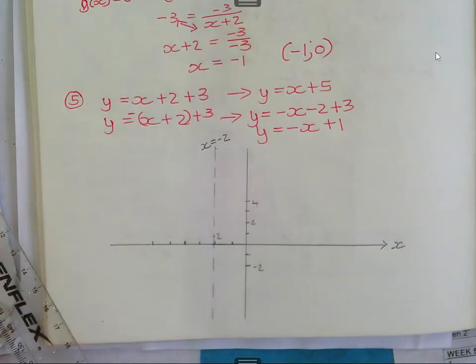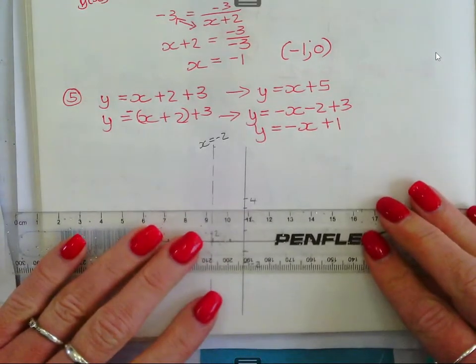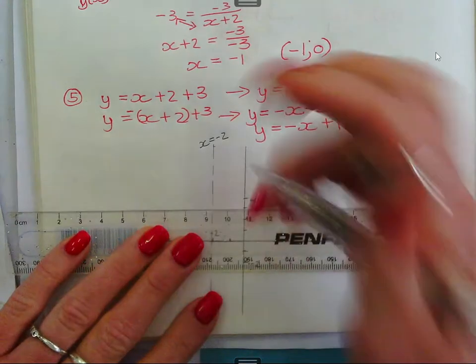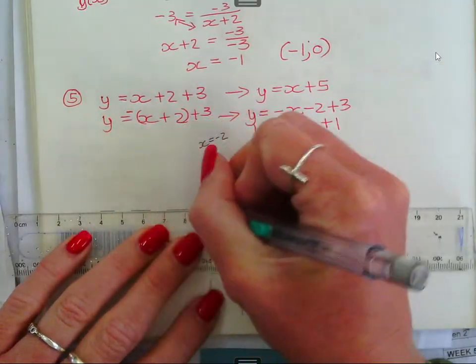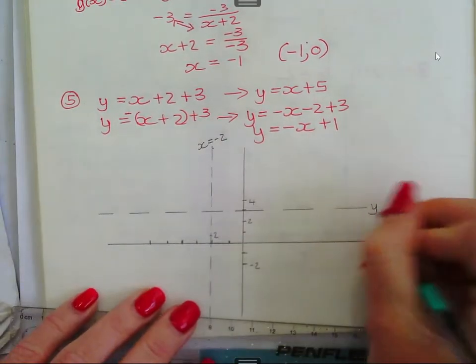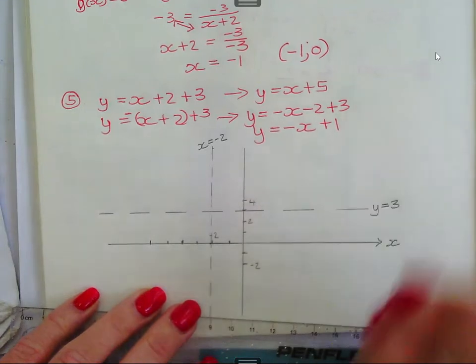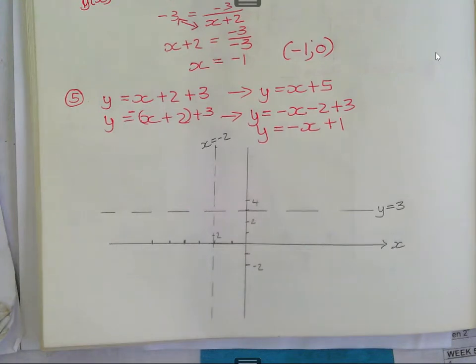You all understand? Nothing difficult? Then you take the y asymptote. It cuts the y-axis at 3. And then you name it y equal to 3. Those would be the first marks allocated when I mark it.